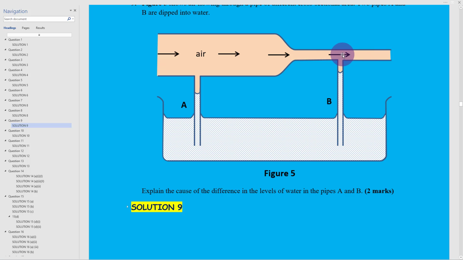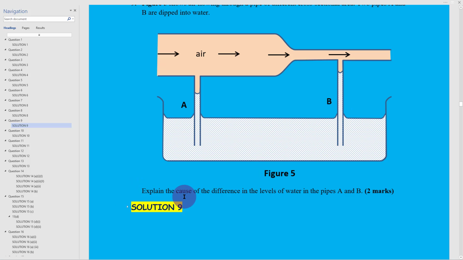So the pressure above tube B is lower than the pressure above tube A. There is a larger pressure difference between this point and the surface of this liquid, and that pressure difference forces the liquid to rise up this tube. The pressure difference here is small, while here it is high.